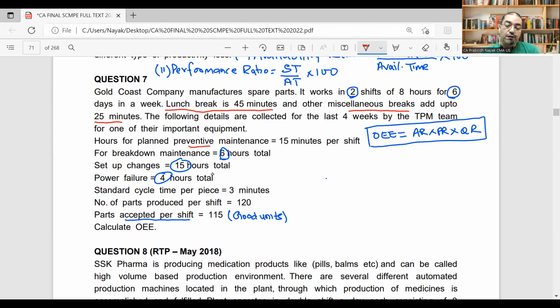Preventive maintenance, 15 minutes per shift. Because of breakdown, setup changes and power failure, we have already calculated. Now lunch break, miscellaneous break, preventive maintenance: we have to add these three to find out total loss of time.